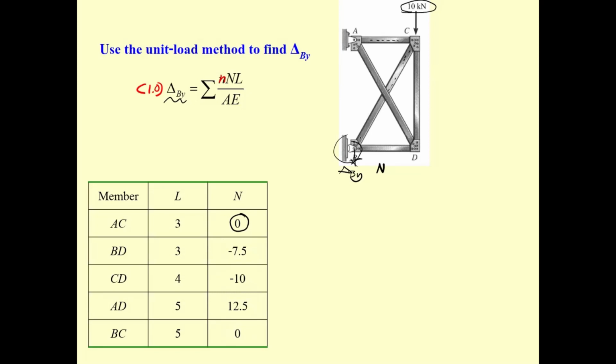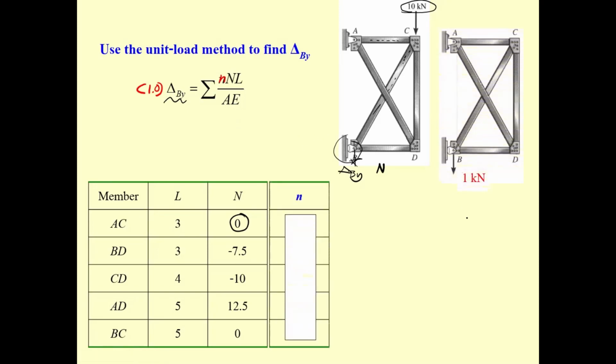After you determine capital N, you put 1.0 at point B, in this direction, and do the same calculation for small n.